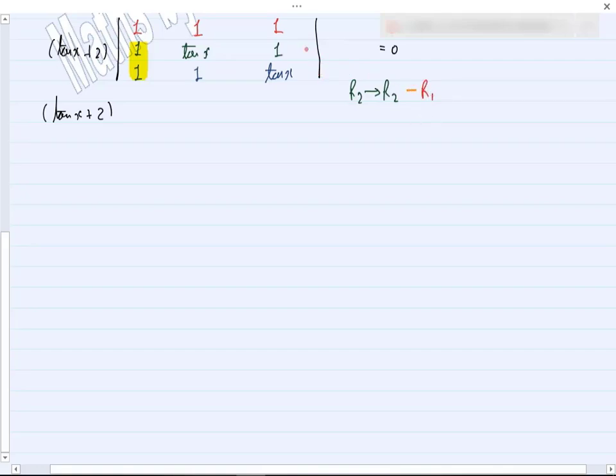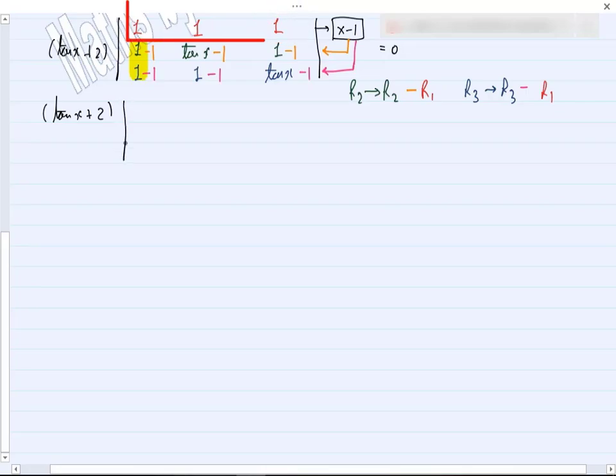That means we have to multiply the first row by minus 1 and add into the second row. So here we'll get minus 1, tan x minus 1, and minus 1. Same thing we can do with the third row, R3 minus R1. So we have to multiply minus 1 to the first row and add it to the third row. So again we will get minus 1, minus 1 and minus 1.